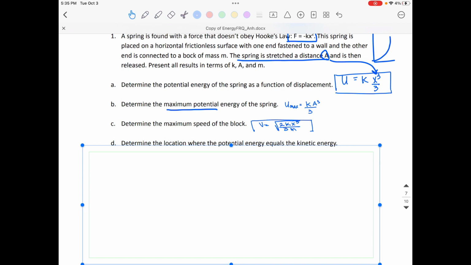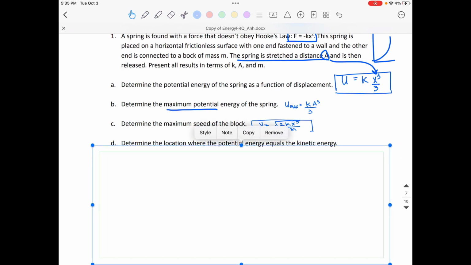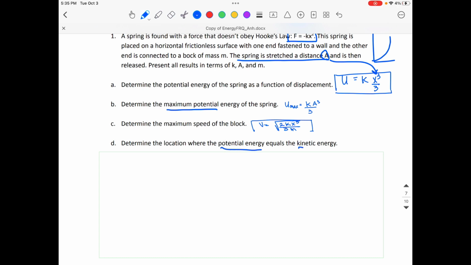The last question asks us to determine the location where the potential energy equals the kinetic energy. So I have K is equal to U_s, that's 1/2 mv squared is equal to 1/3 kx cubed.